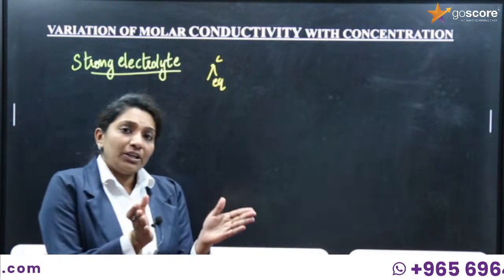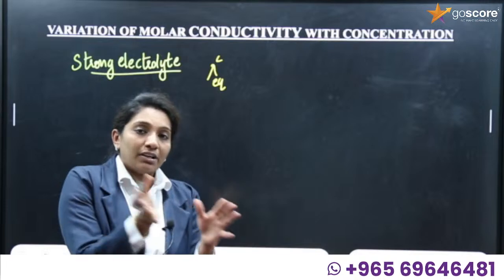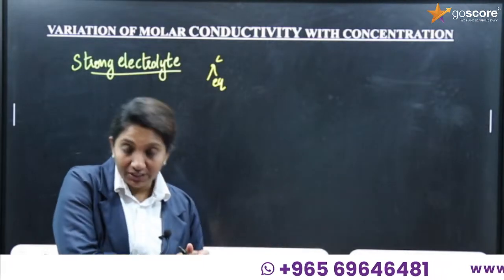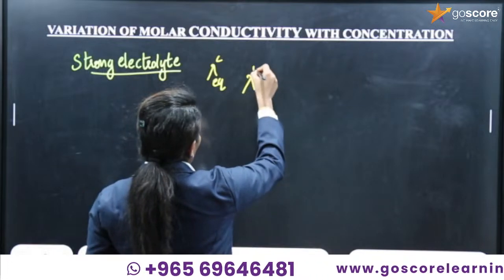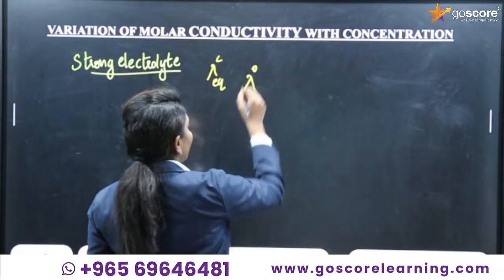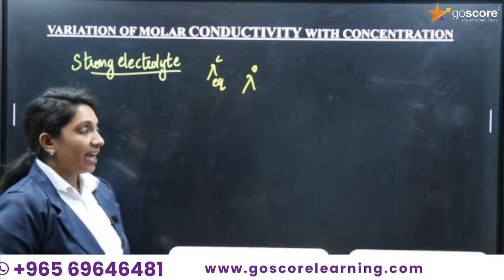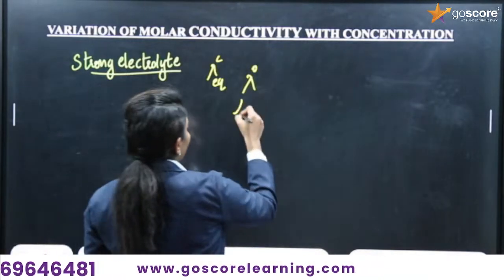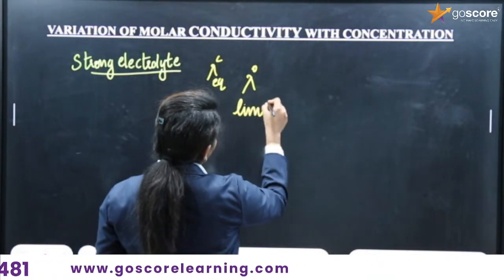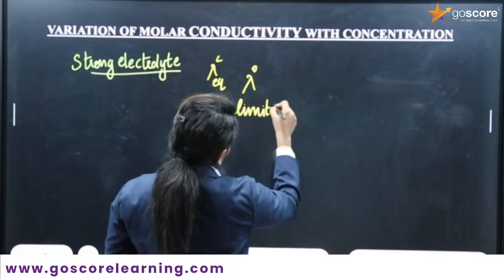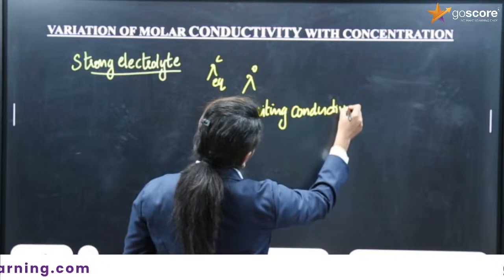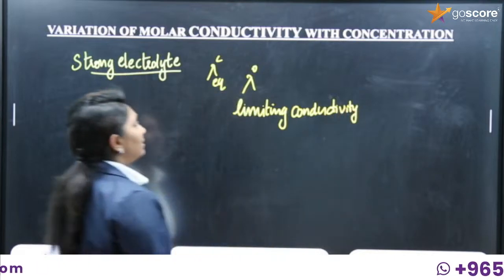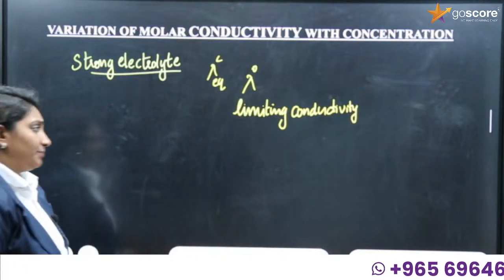When you keep diluting it, after infinite dilution you will be getting an equivalent conductivity value that we represent with lambda naught, and this value is what we call the limiting conductivity. That means the conductivity at infinite dilution. Okay, that is the limiting conductivity.